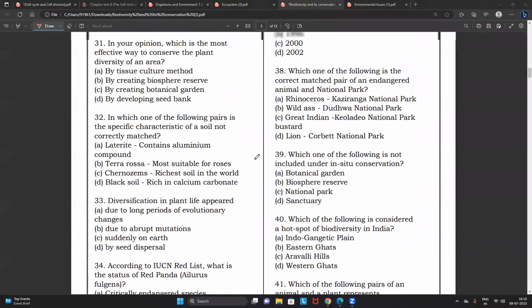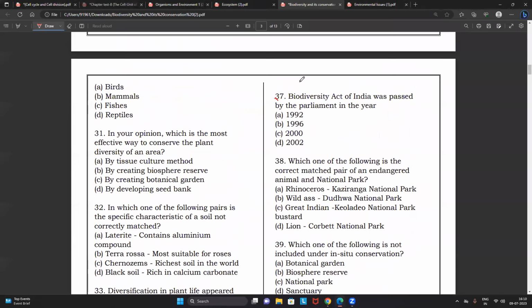Question number 37. Actually, this is a previously asked question. In India, our parliament passed this particular rule in the year 2002.